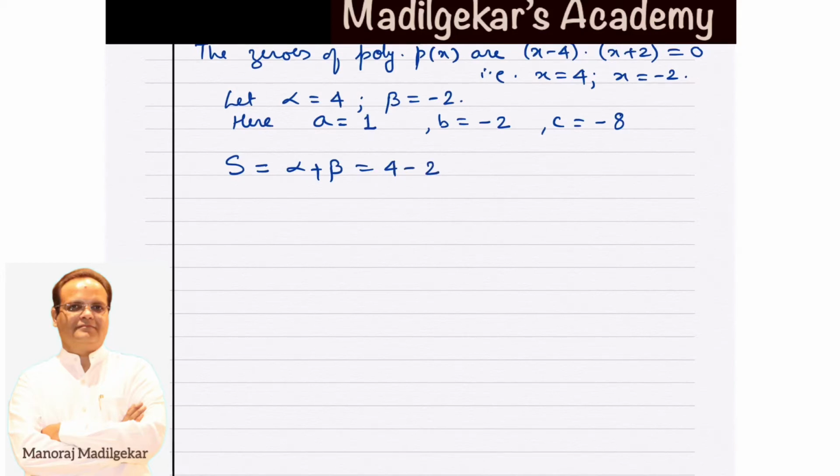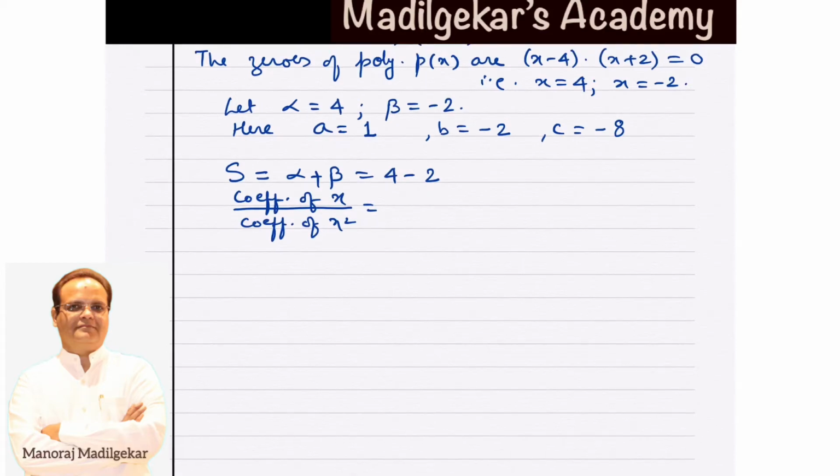Also we'll find minus coefficient of x upon coefficient of x square, means coefficient of x is b, coefficient of x square is a, which gives minus of minus 2.